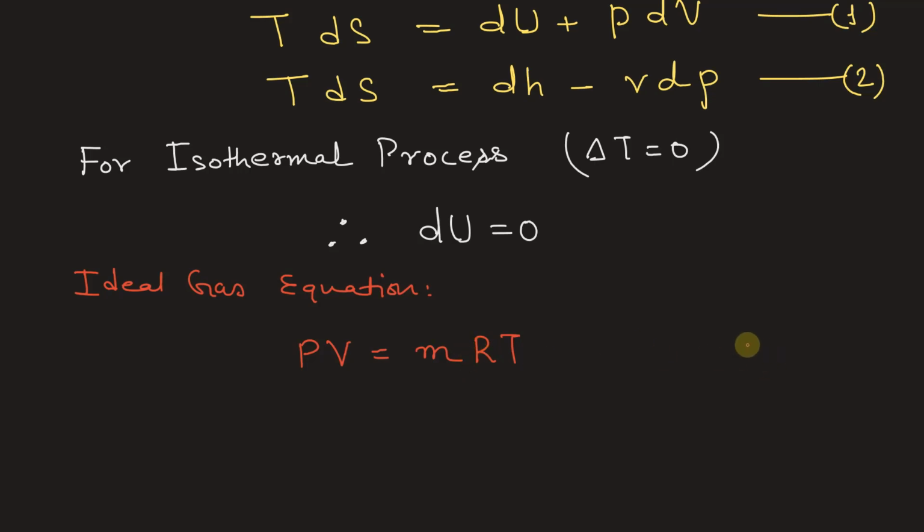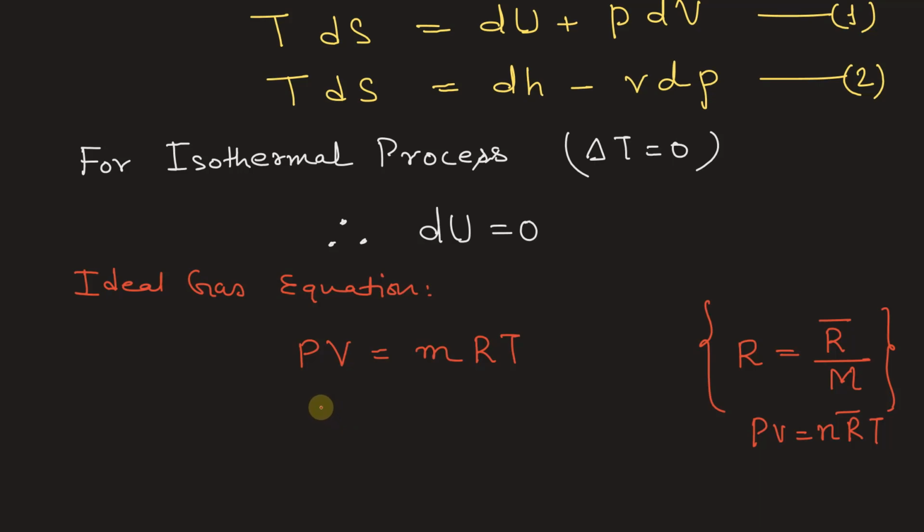The relation between R gas constant and the universal gas constant R bar is R equals R bar divided by M, where M is the molecular mass. Don't confuse it, because we also have the relation PV is equal to n R bar T, where n is the number of moles.